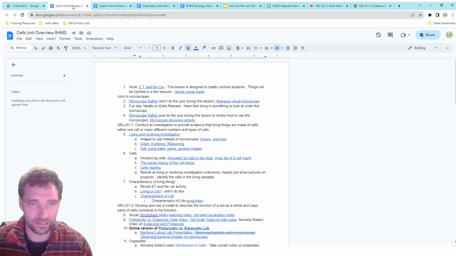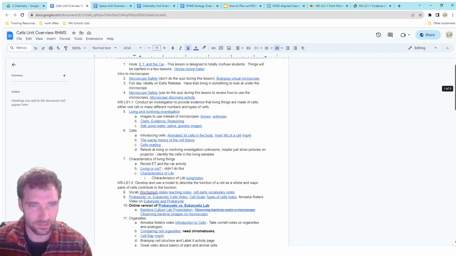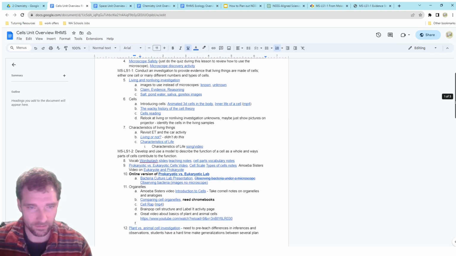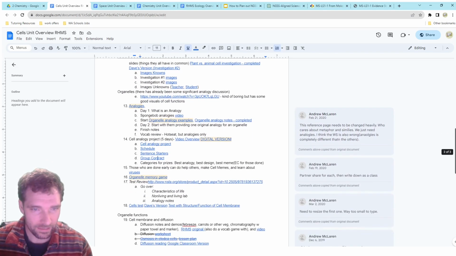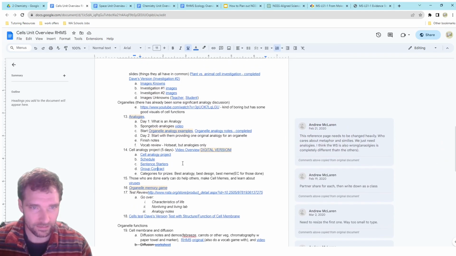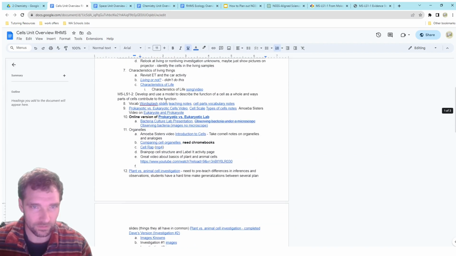And here is kind of what it looks like. This is one of my early attempts at this. So you can see I've got my performance expectation and different lessons that are related to them. And then I have some bigger project. This is, as you can see, related to modeling out the function of a cell.